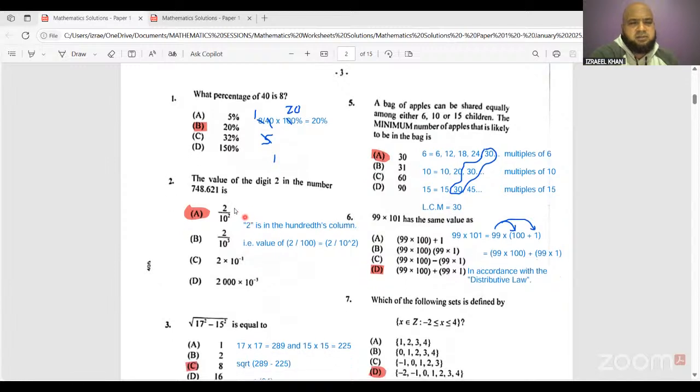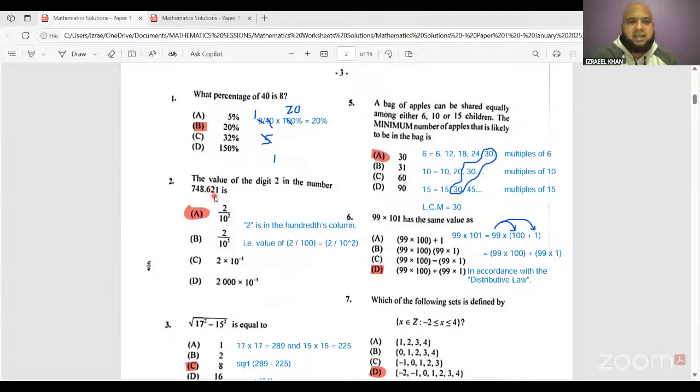Question 2 asks: value the digit 2 in the number 748.621. Now, this 2 belongs to the hundredths column. Some students may believe that 6 is ones and then 2 will be tens, and no. Because you're on the right side of the decimal point, you start with tenths, then you go to hundredths.